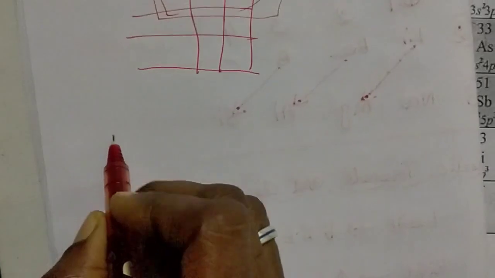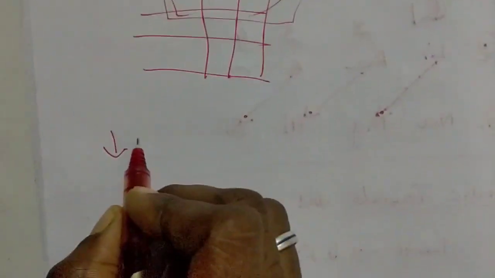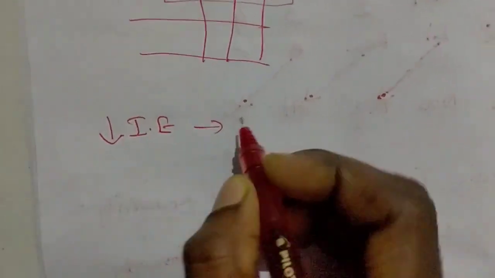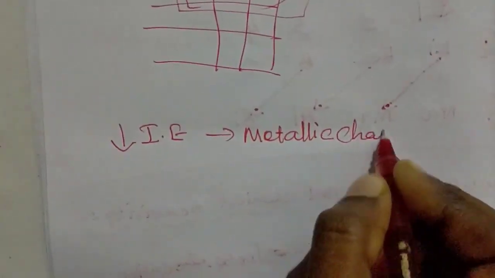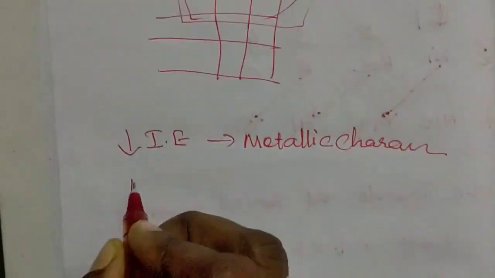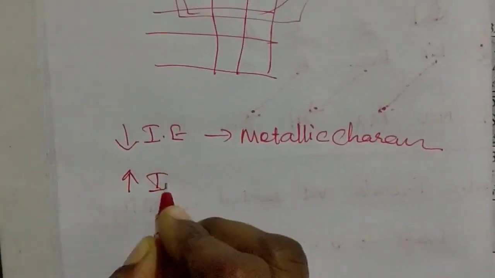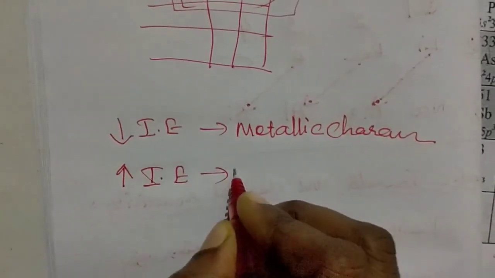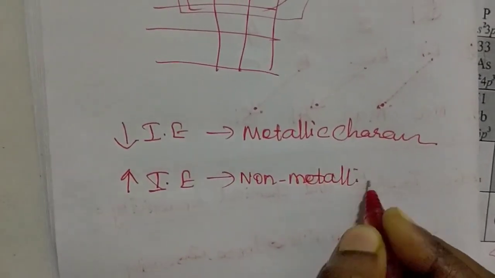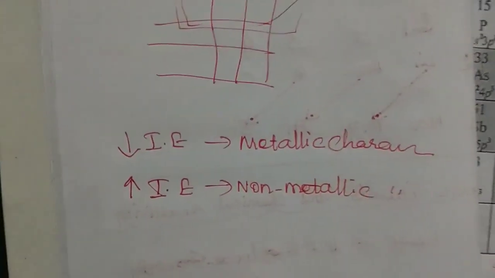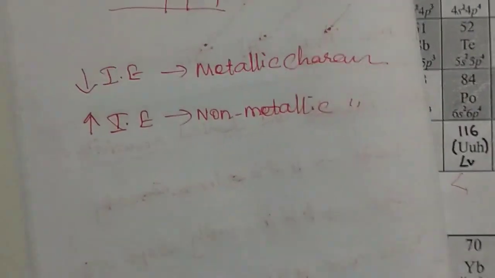If the elements have low ionization energy, they have metallic character, and if they have greater ionization energy, they have non-metallic character.